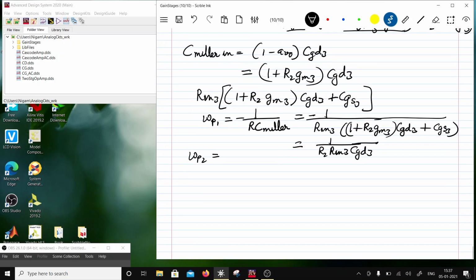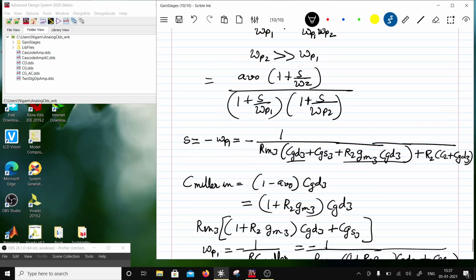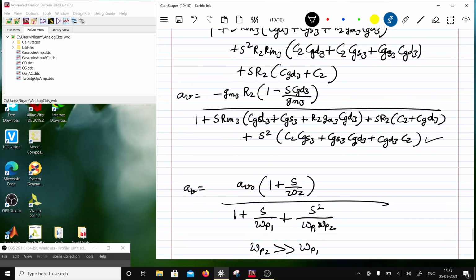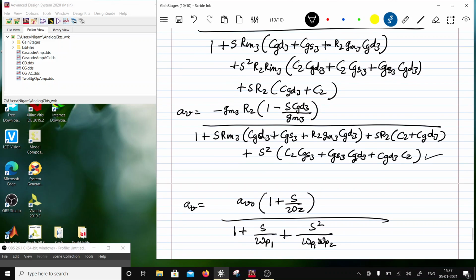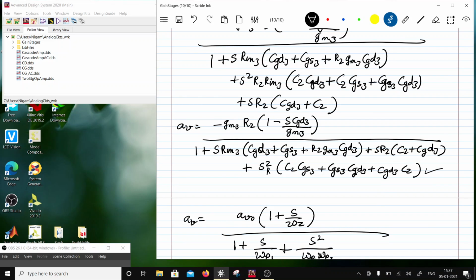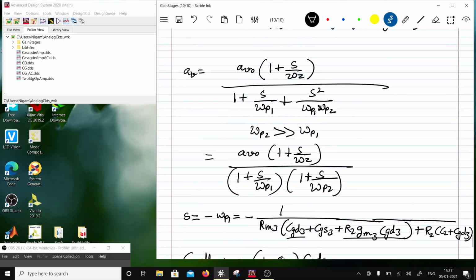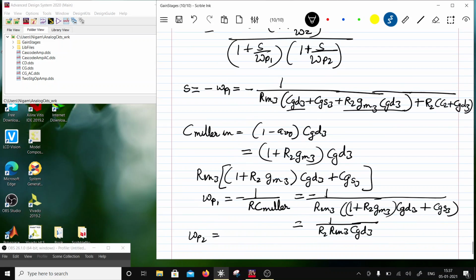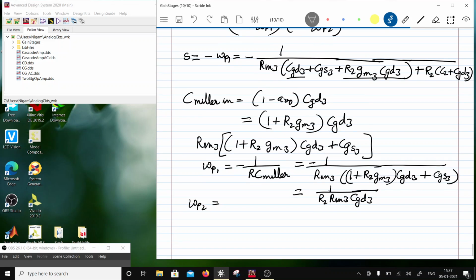If I take the S square term, which is this one, what am I missing here? I'm missing this R2 R in. If I take this term and divide it by WP1, then I'll get WP2.